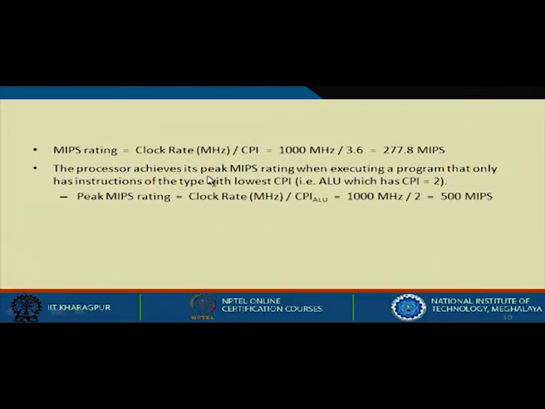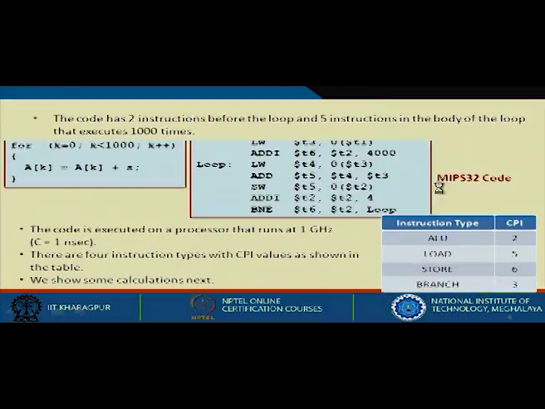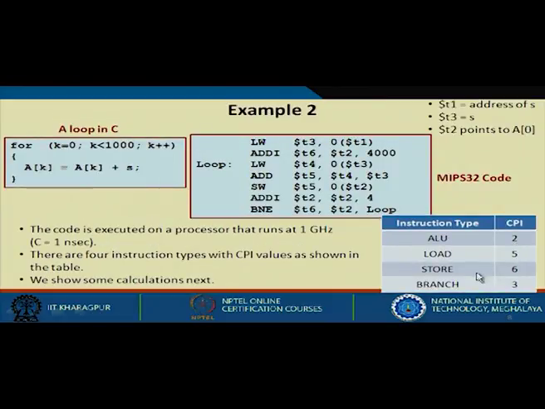So, the processor achieved its peak MIPS rating when executing a program that only has instructions of the type with lower CPI, that is ALU type instructions. So, if you only execute such kind of instruction where the CPI is less, that is, you see the CPI of ALU type is only 2, but for store, load, branch it is more.